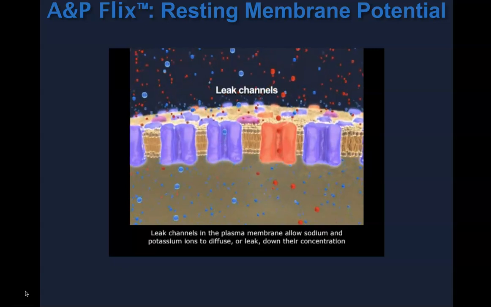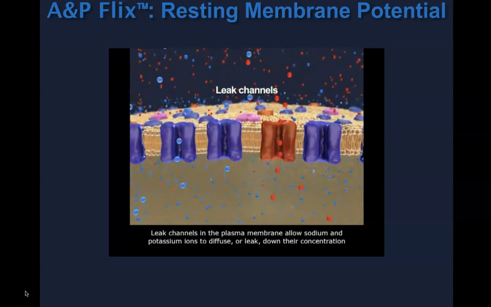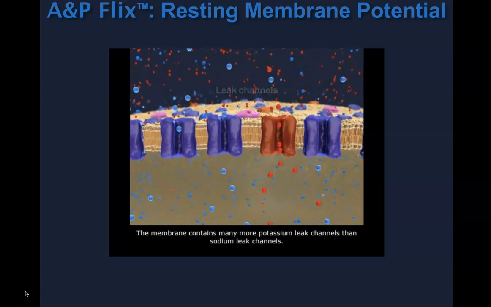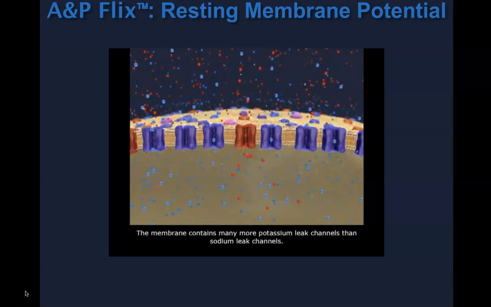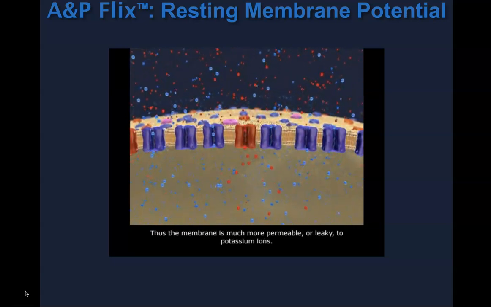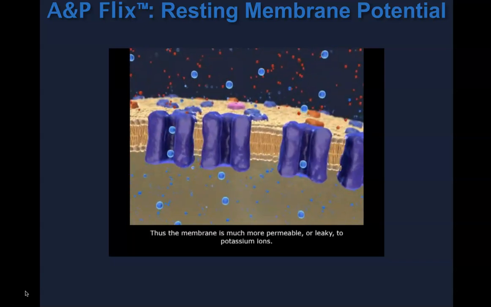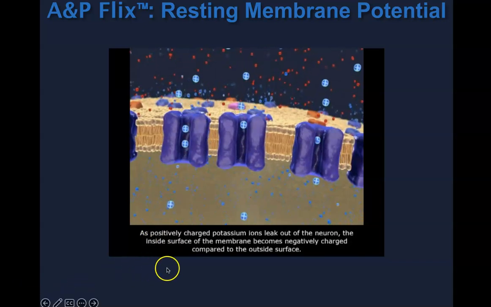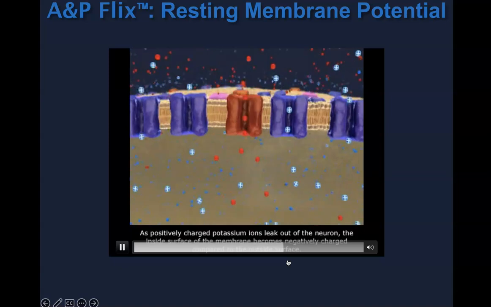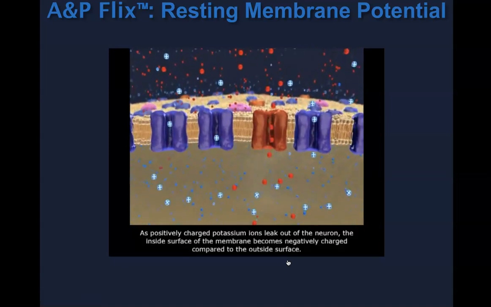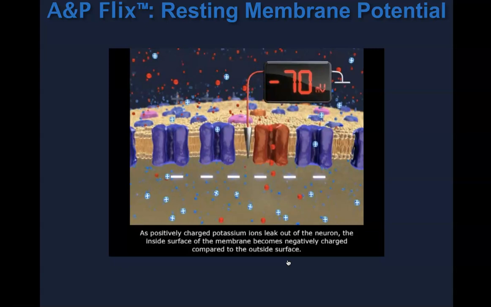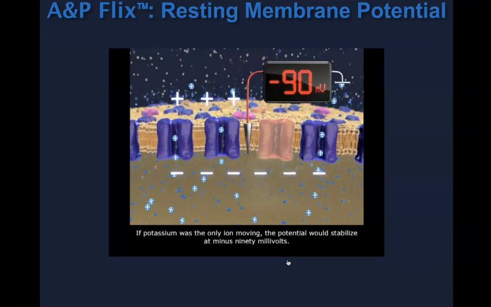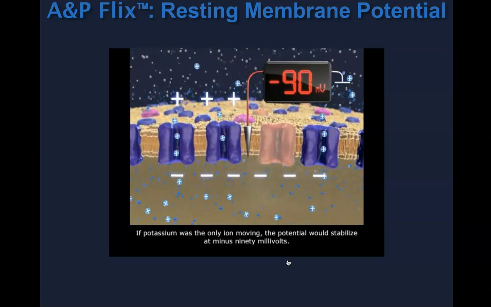Second, the resting membrane potential depends on the differential permeability of the plasma membrane to sodium and potassium ions. Leak channels in the plasma membrane allow sodium and potassium ions to diffuse or leak down their concentration gradients. The membrane contains many more potassium leak channels than sodium leak channels. Thus, the membrane is much more permeable, or leaky, to potassium ions. As positively charged potassium ions leak out of the neuron, the inside surface of the membrane becomes negatively charged compared to the outside surface. If potassium was the only ion moving, the potential would stabilize at minus 90 millivolts.